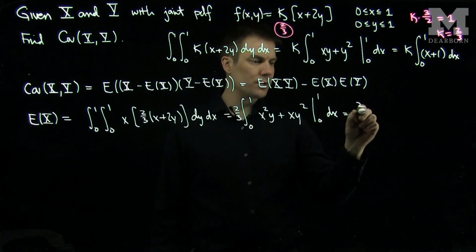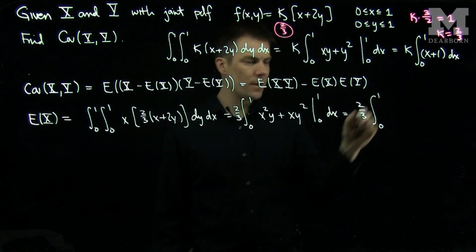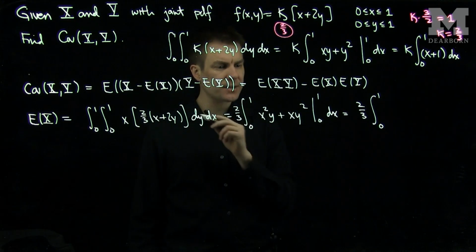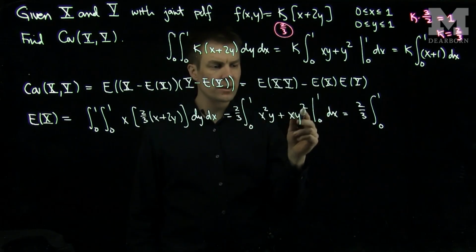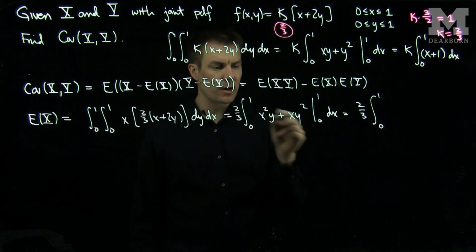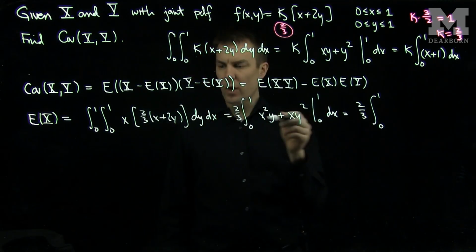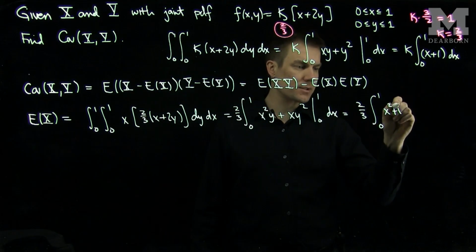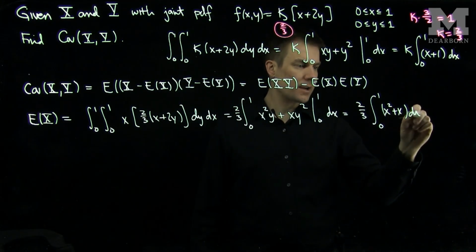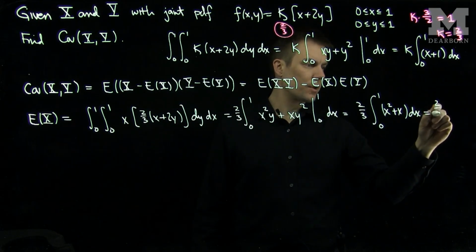So this will be a 2/3 integral from 0 to 1. Then I'll have an x. So when I plug in y equals 1 to this formula, I'm going to have an x squared plus x. When I plug in y equals 0 to the formula, I'll get 0. So I'm just going to have x squared plus x dx. This will be 2/3.